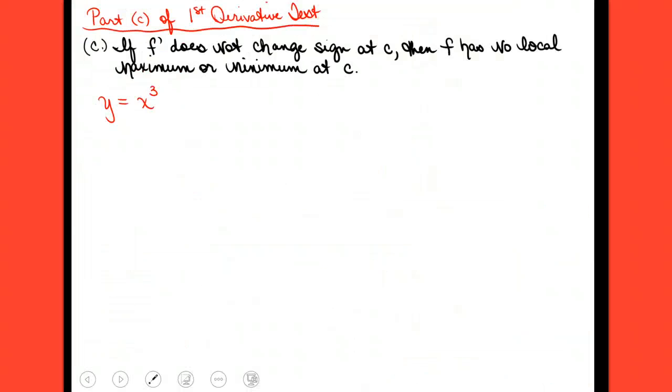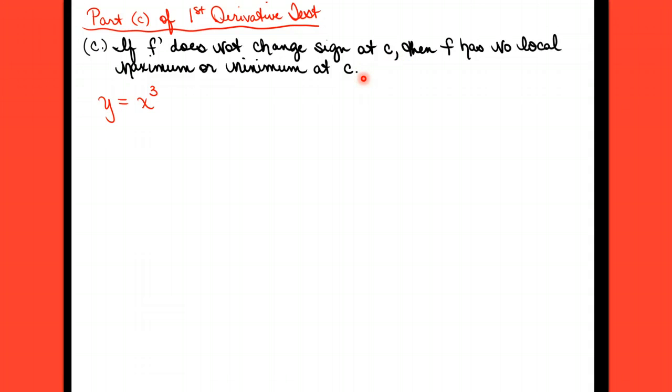So let's go back to that discussion that we had on y equals x cubed in light of critical numbers in Fermat's theorem. The third part of the first derivative test says this: if your derivative does not change signs at your critical number, then there's not a local maximum or minimum there.